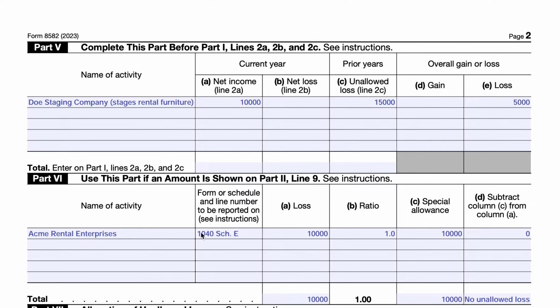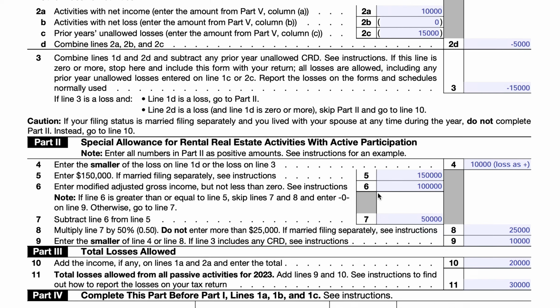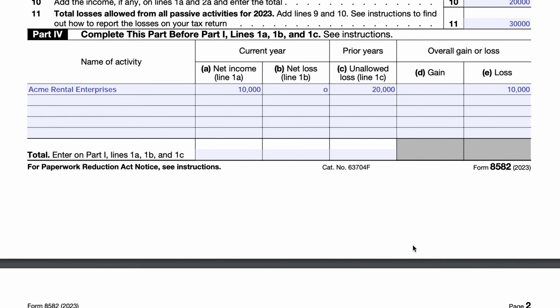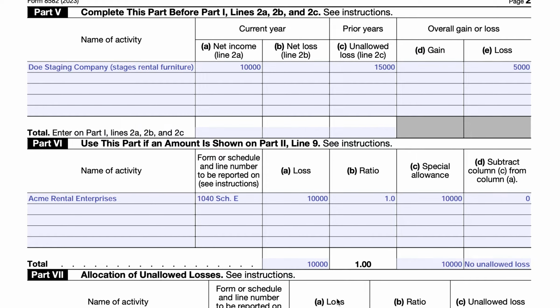If there's any amount shown in line 9 of part 2, which is this special allowance, then we have to complete part 6 to see how to allocate that special allowance amongst different activities. And then you also have to see if there's any unallowed loss.